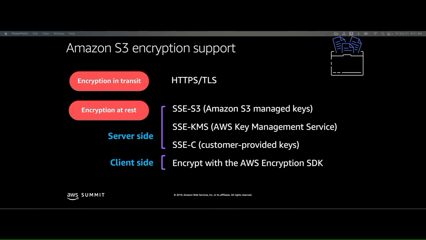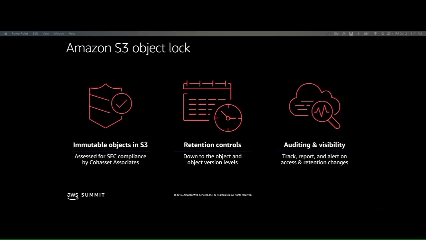Once this is configured, any objects that you upload to Amazon S3 using this client will be encrypted, and any objects that you get from Amazon S3 using this client are automatically decrypted. So they're encrypted when they're uploaded, and automatically decrypted when they're downloaded. So those are the different types of encryption that you can use in Amazon S3.